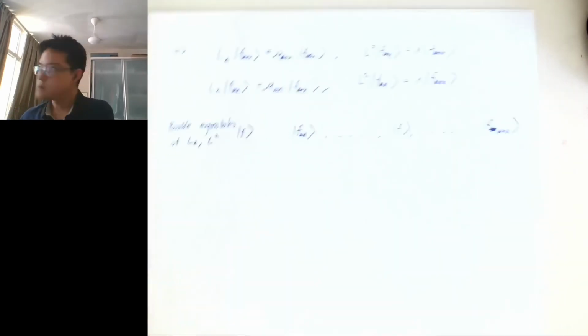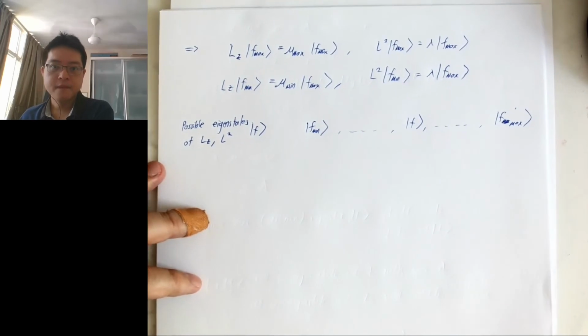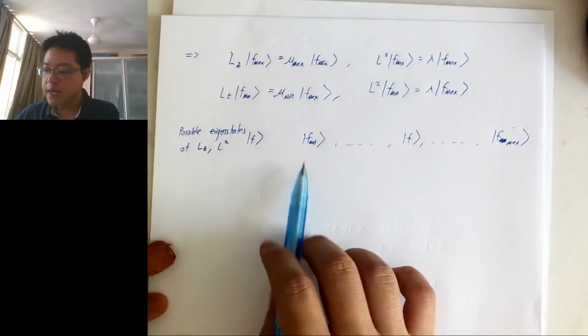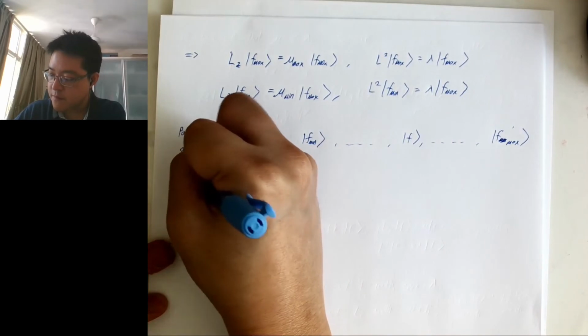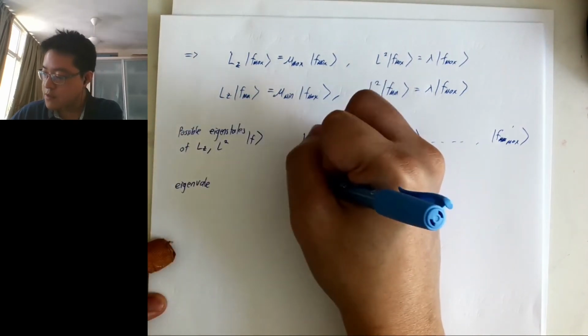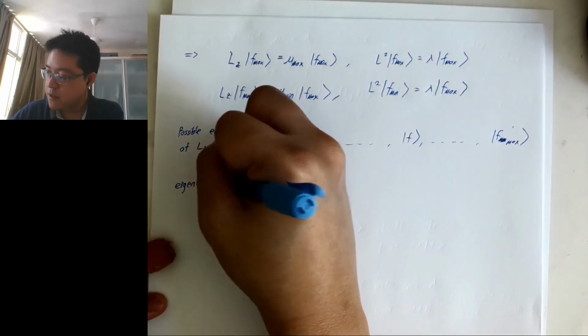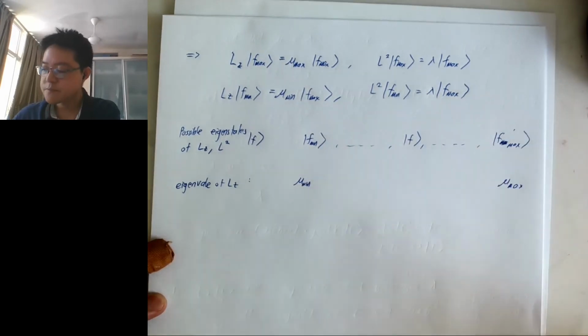Okay, the brightness keeps changing. So based on everything that we have learned so far, the minimum one, the eigenvalue, I will write in this table over here. So it's going to be mu minimum, and then the eigenvalue of LZ, this is mu maximum, right?